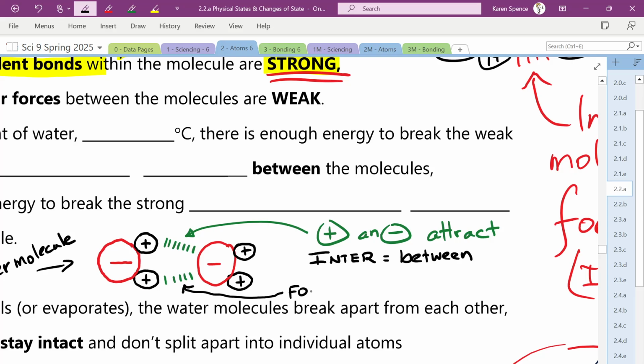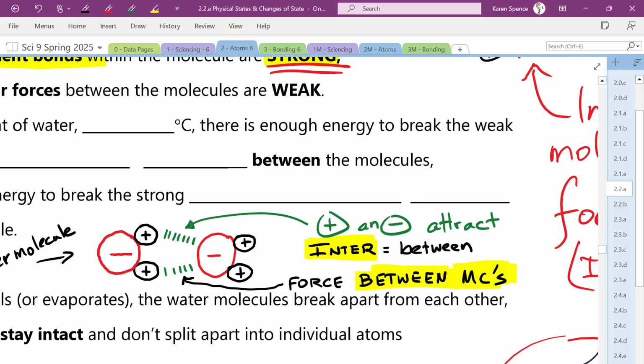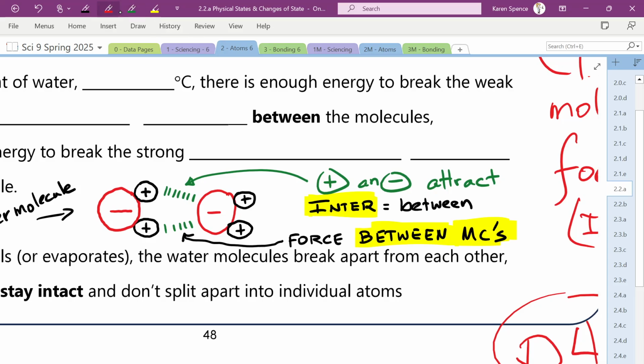This is a force between molecules. If inter means between, and we are between molecules, what kind of force could we call that? Intermolecular force. Okay, so those are an intermolecular force.